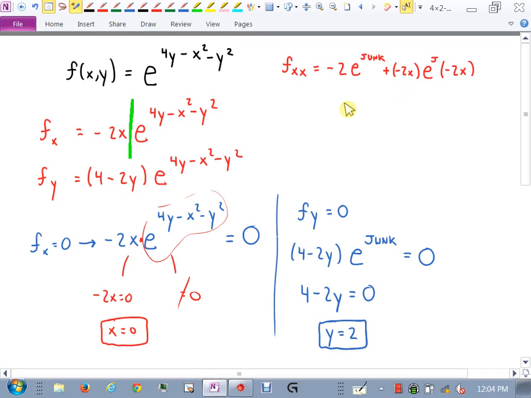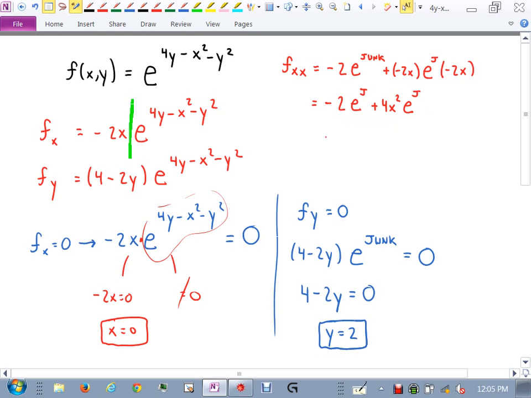All right. I can clean that up a little bit. Do you agree with that? And these both have a 2 and an e to the junk in them.